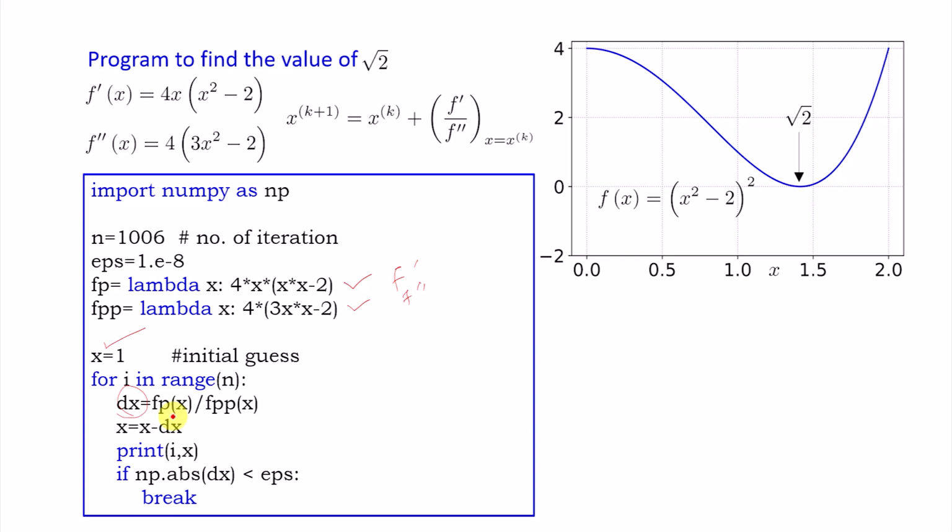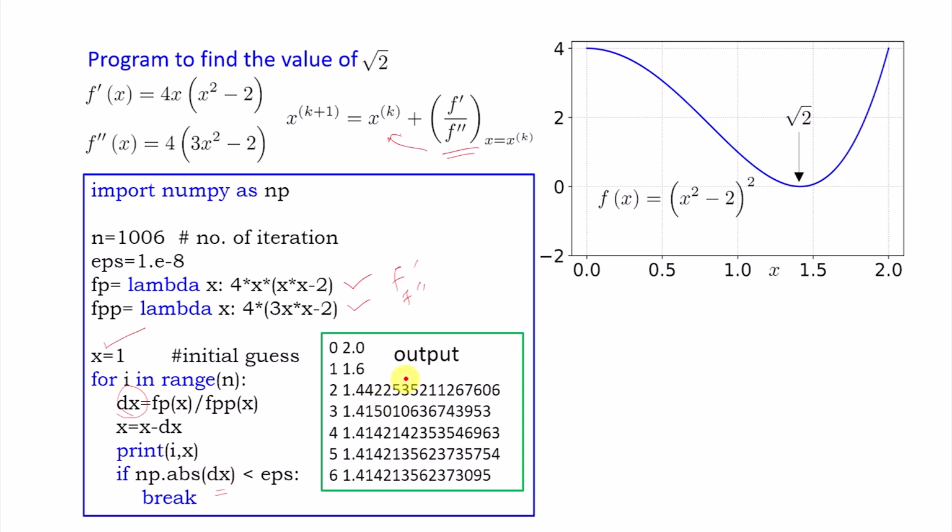That correction is f prime divided by f double prime. This is my correction of this initial guess, and then I take it as x equals x minus dx. Now I print i and x. I stop where this dx, that means my step, is very, very small.